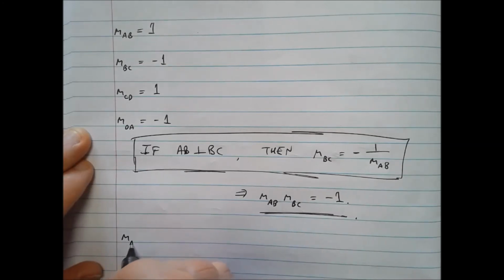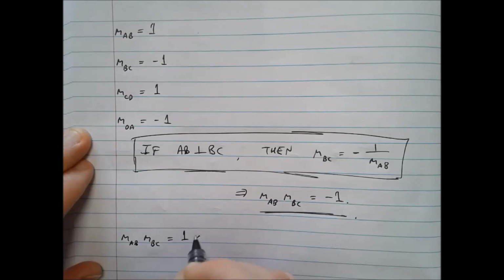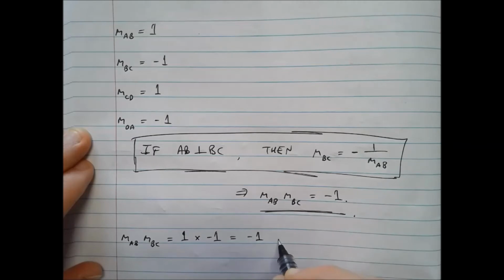So mAB times mBC: mAB is 1 and mBC is negative 1, and 1 times negative 1 is negative 1.